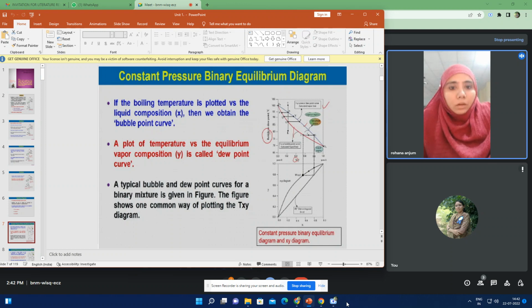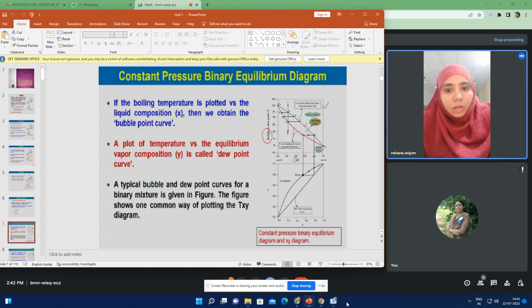First, we will consider the constant pressure binary equilibrium data diagram. If the boiling point temperature is plotted versus the liquid concentration x, then we obtain the bubble point curve. In the top figure, you can see that if we plot x versus bubble point, we obtain the bubble point curve.